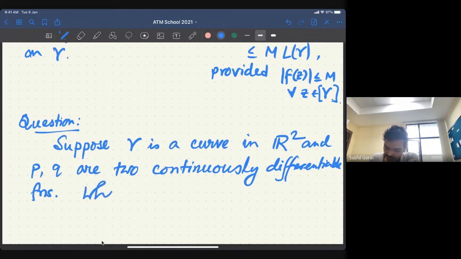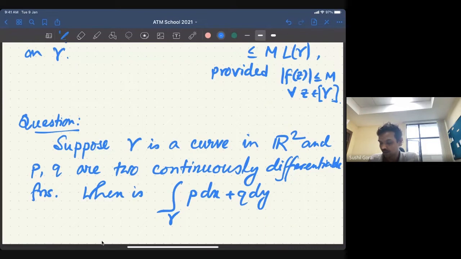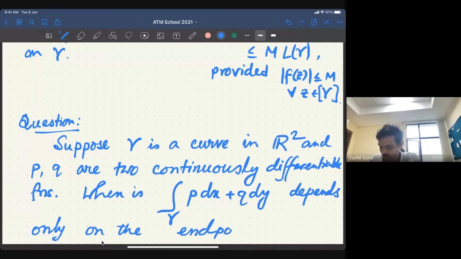One is p dx plus q dy. Does this integral depend only on the endpoints of gamma?